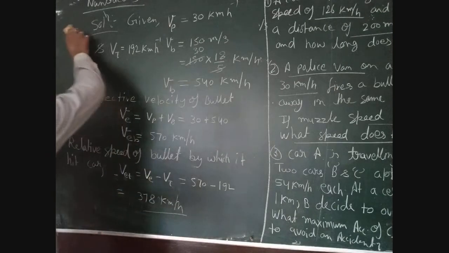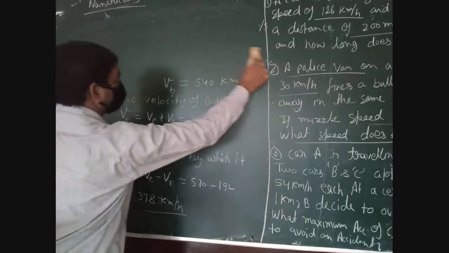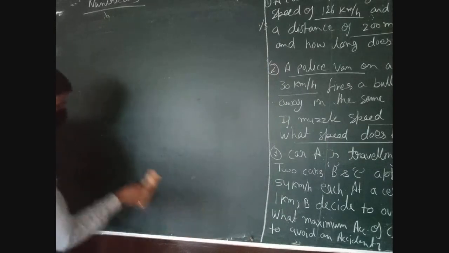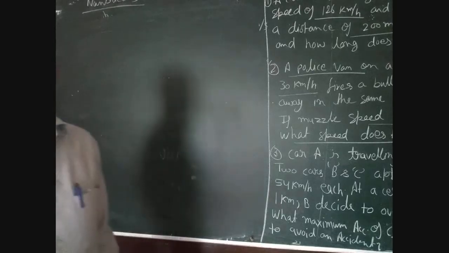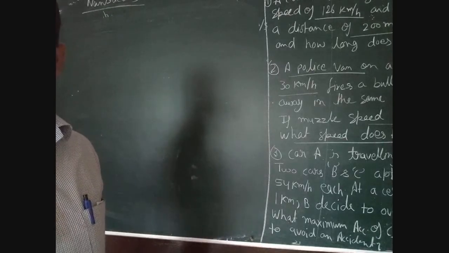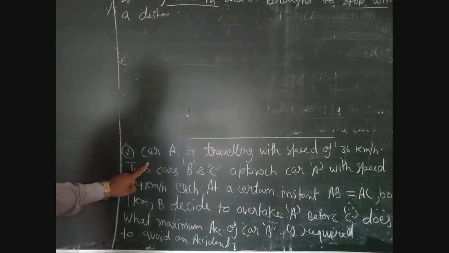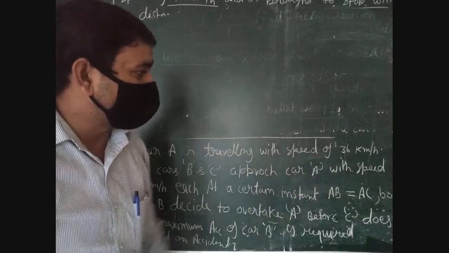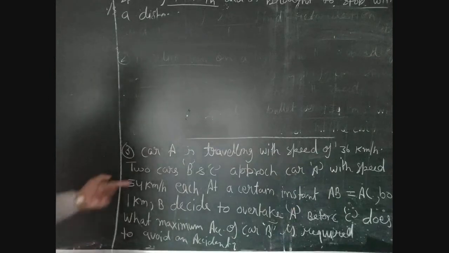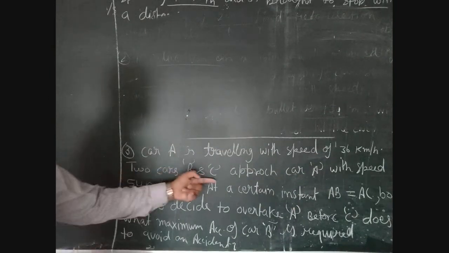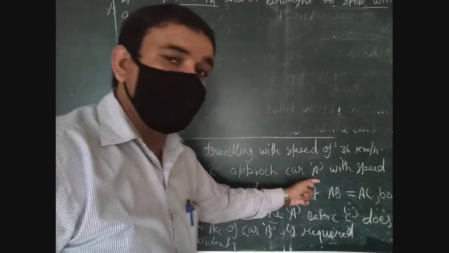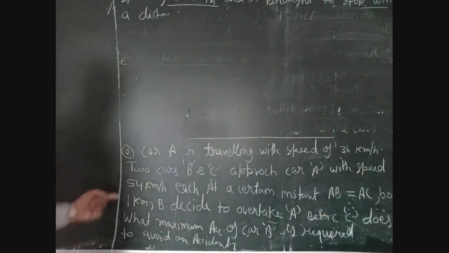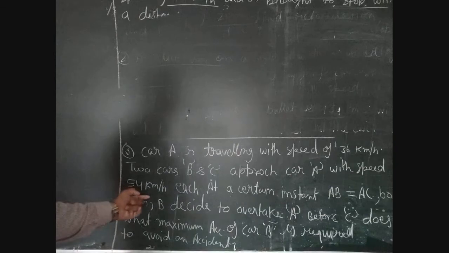Okay, the next question. Car A is traveling with a speed of 36 km per hour. Two cars B and C approach car A with a speed of 54 km/h each.